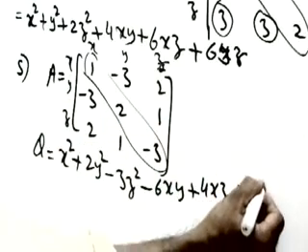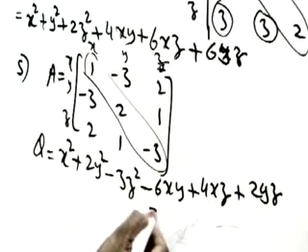Lastly this one is yz, so double this one: this will be 2yz. So this is the method to change into quadratic form when the matrix is given.